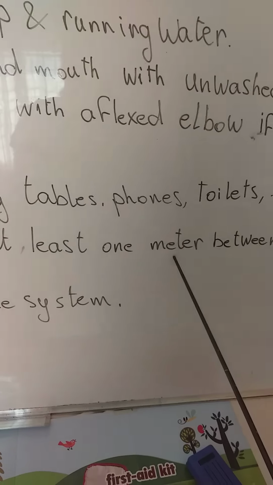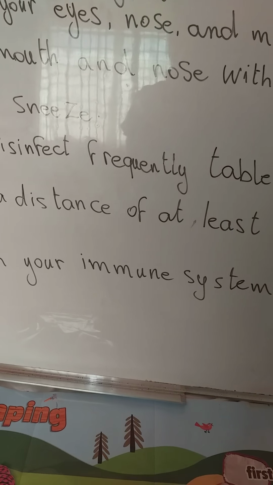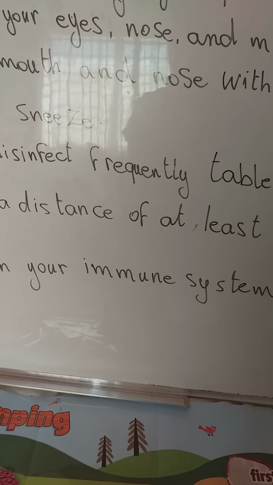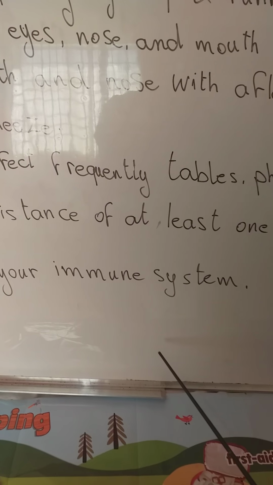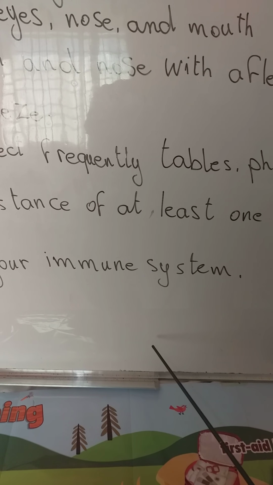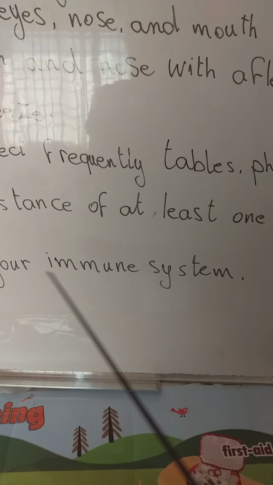Number 6, which is very, very important. I think this is the most important point. Strengthen your immune system. Okay? You know that the immune system is the soldiers in our body that fight diseases, viruses, bacteria, etc. So we have to strengthen it, because as we know, there are many people who have a weak immune system.